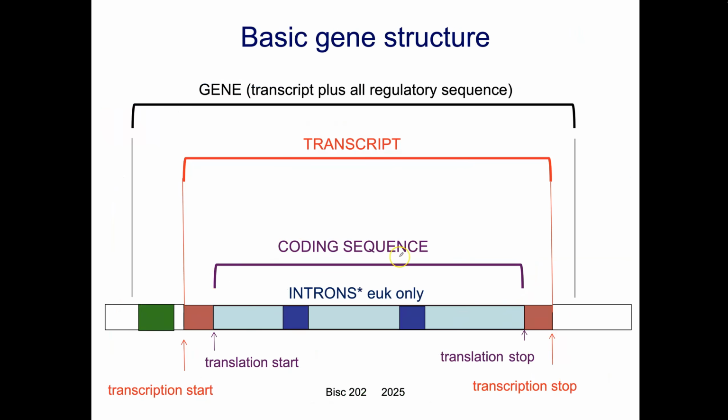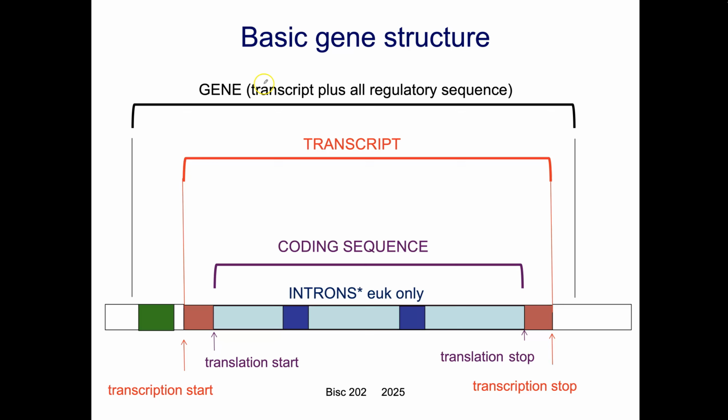Okay, and so this is the kind of thing that you may see. A basic gene includes the coding sequence, the transcript. The transcript is longer than the coding sequence for eukaryotes and prokaryotes, but much more so for eukaryotes.